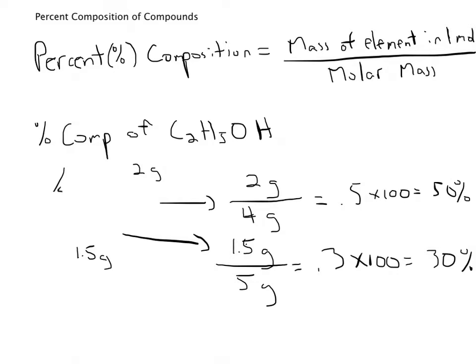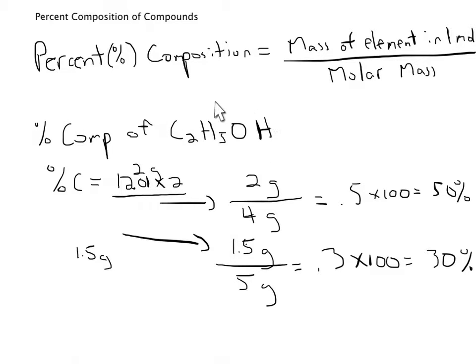So the way we're going to do this, first, to find the percent of carbon, we need to first find the mass of carbon in the compound. So we have 2 carbons. So if we look on the periodic table, we see the mass of carbon is 12.01, but there's 2 of them, times 2, divided by, we need to find the molar mass of this compound.